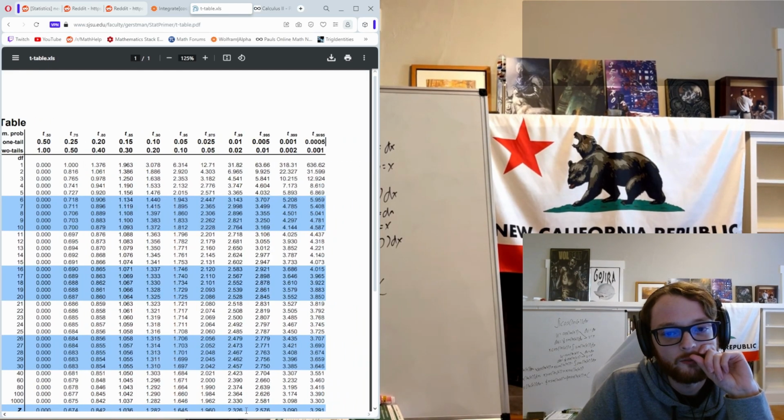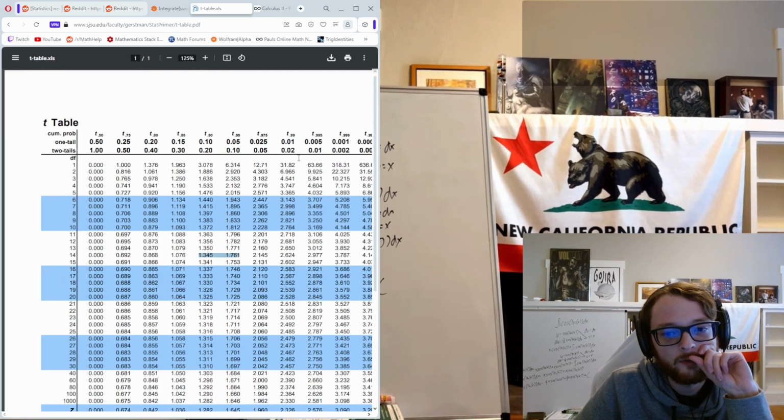I guess these are the alpha values on top here, so 0.01. Oh, these are the critical t's. That's not right either, though. I definitely think we should fail to reject here.